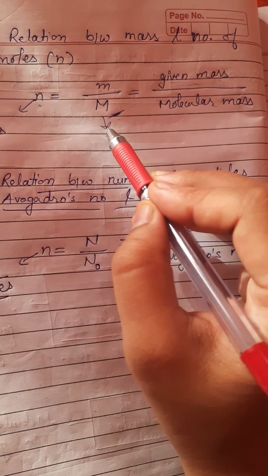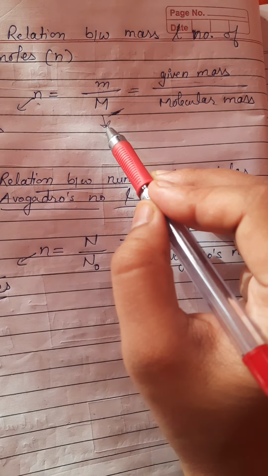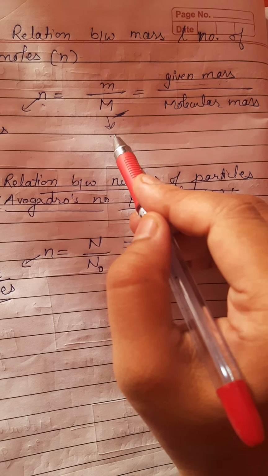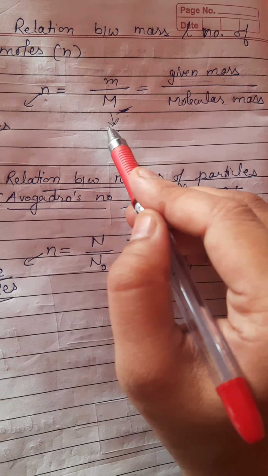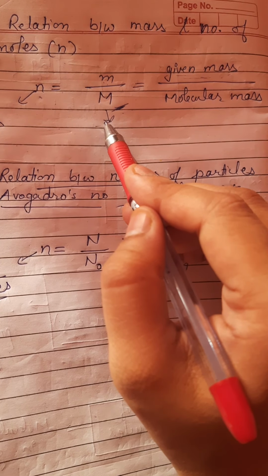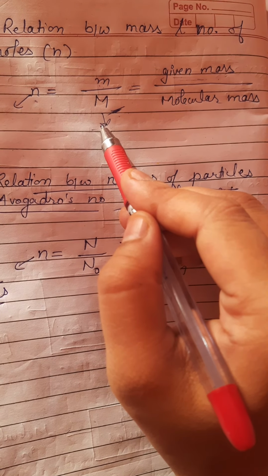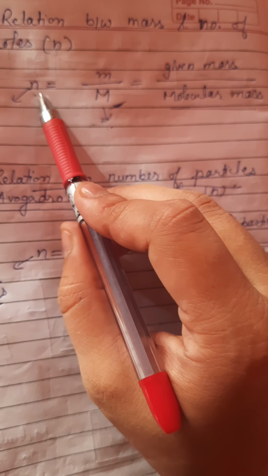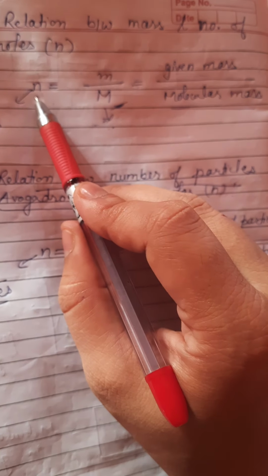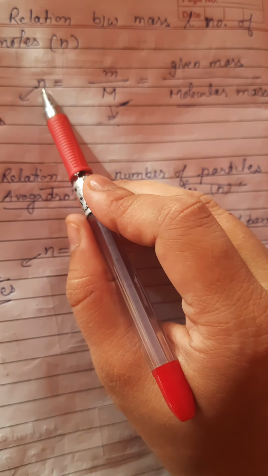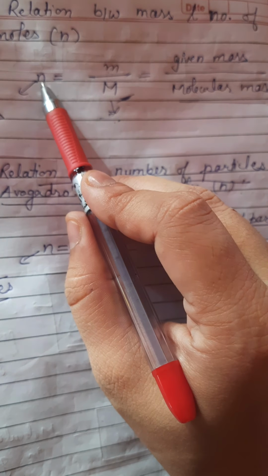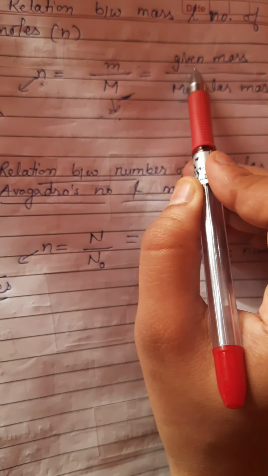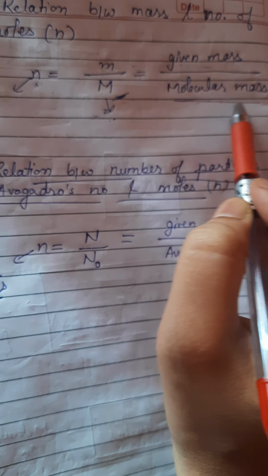From the given molecule, we can calculate the molecular mass of that particular substance which is given in the question. So number of moles is equal to given mass divided by molecular mass.